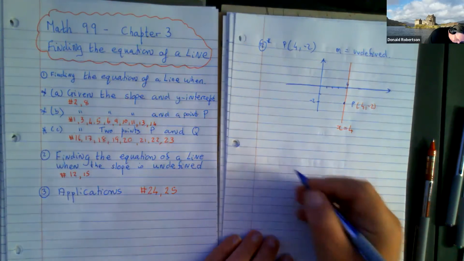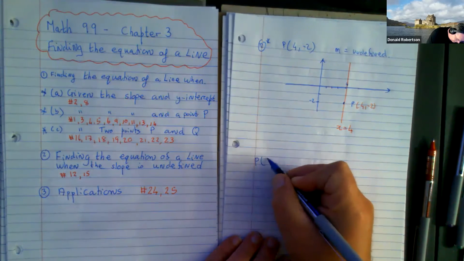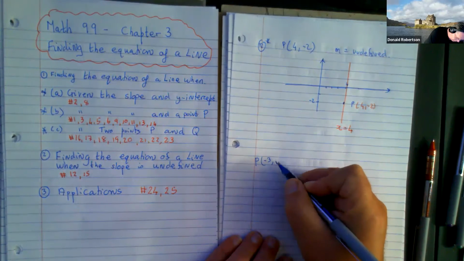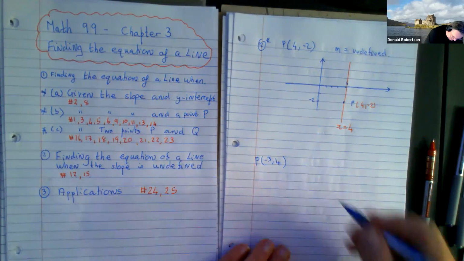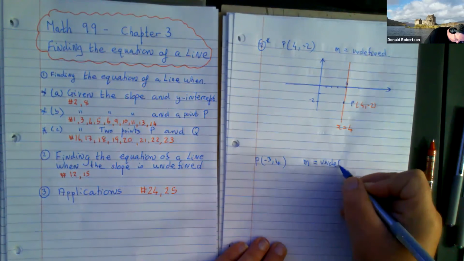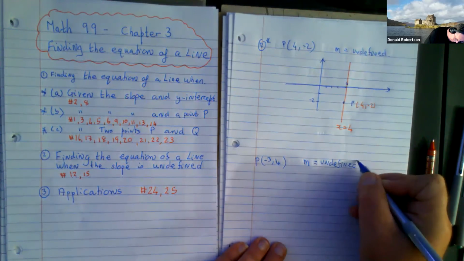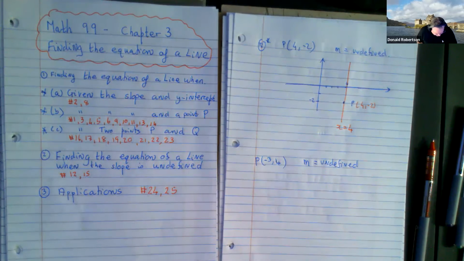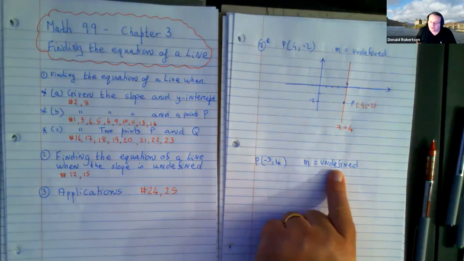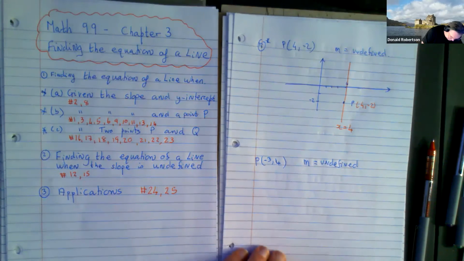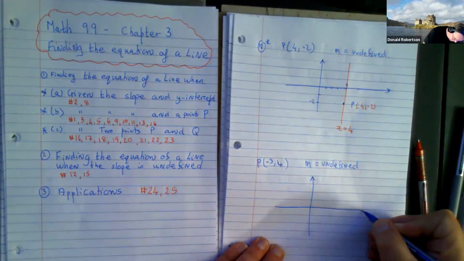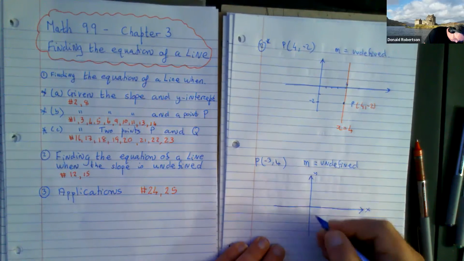Let's try another one. Suppose I have the point -3, 4. And the slope again is undefined. So this is a special case. I'm essentially finding the equation of a line that passes through this point who is vertical. Undefined means vertical. Right, so I'll try and do a very basic sketch of this, just to visualize it.